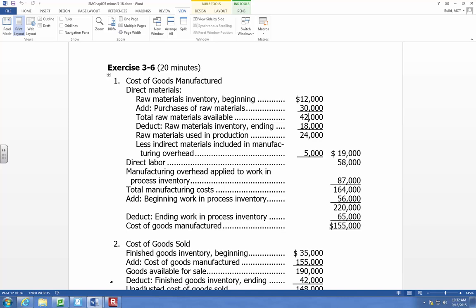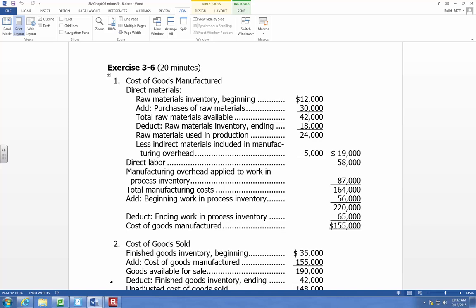Why? Those indirect materials, when I requisitioned all the indirect materials, what was my debit? When I requisition indirect materials, does it go into WIP or overhead?